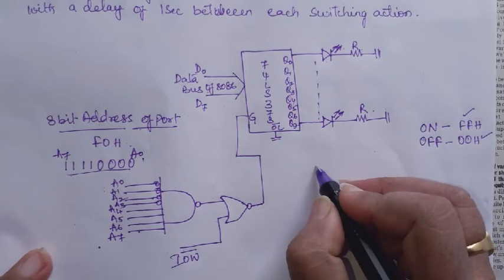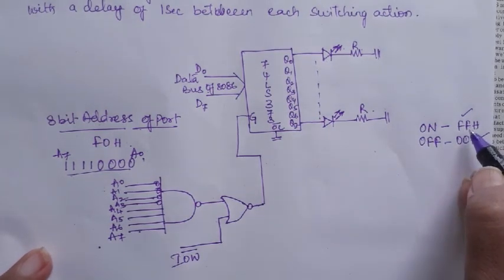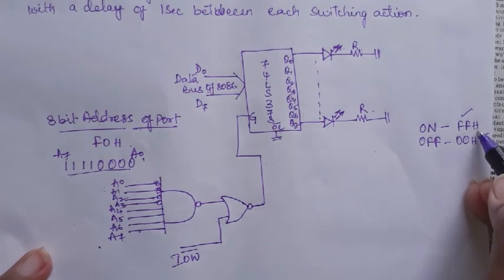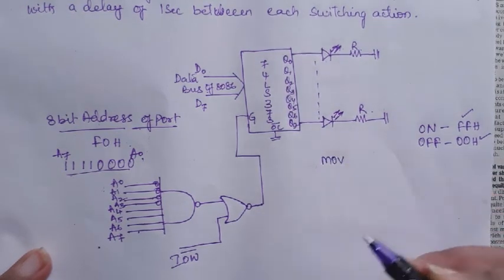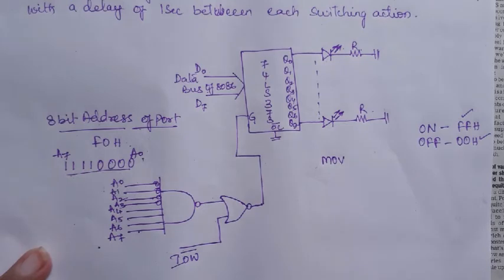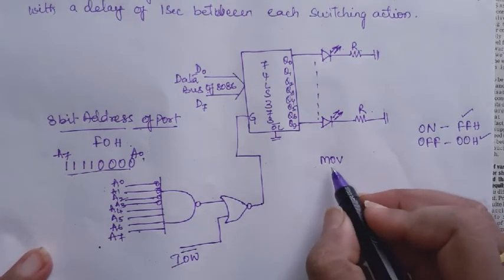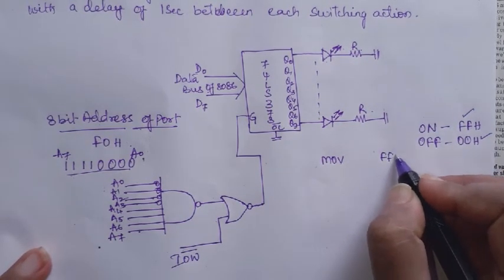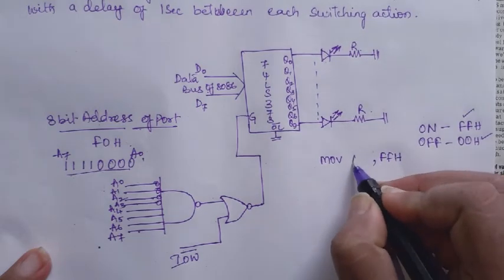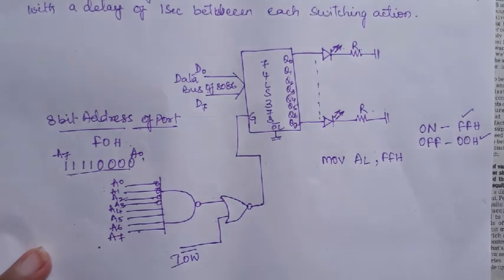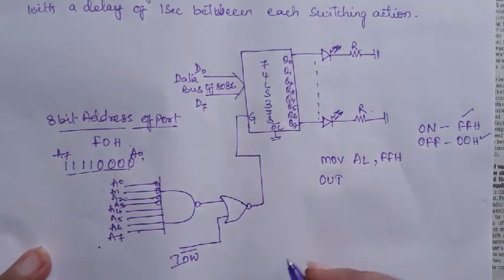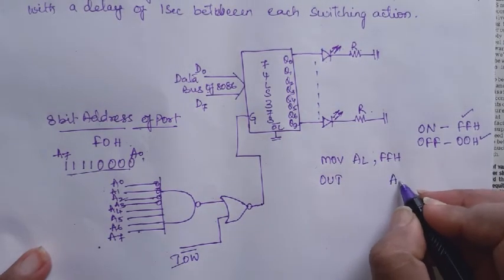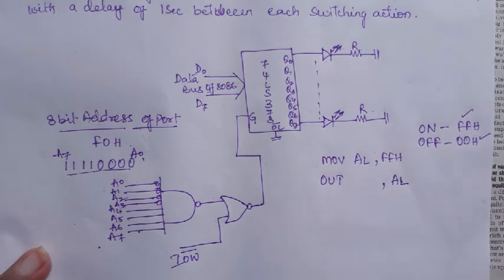First let us send FFH to make them on. So MOV, in the OUT instruction you cannot write the data directly. Move this FFH to the AL register, then OUT AL to the address of the output port.